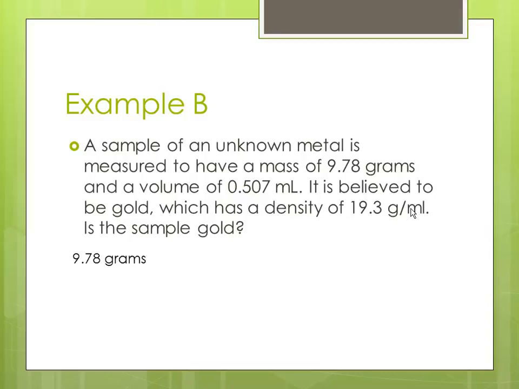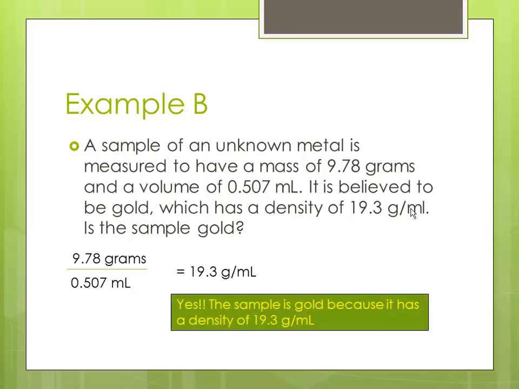So use the equation for density, mass over volume, 9.78 grams divided by 0.507 milliliters. Plug in your calculator, you get 19.3 grams per milliliter. So the densities match. Therefore, gold, bling bling, is your sample. Yay.